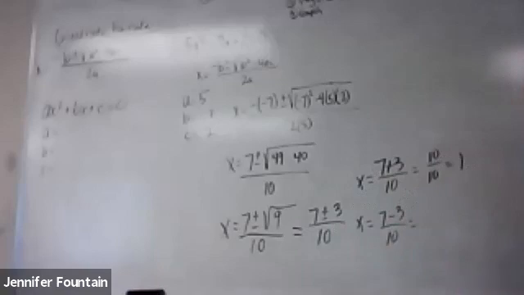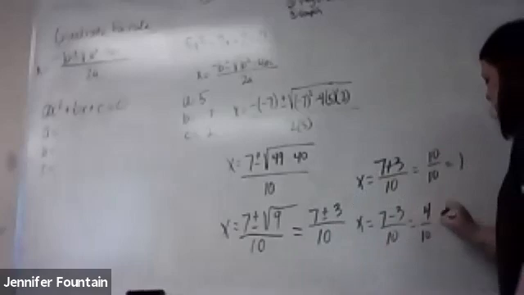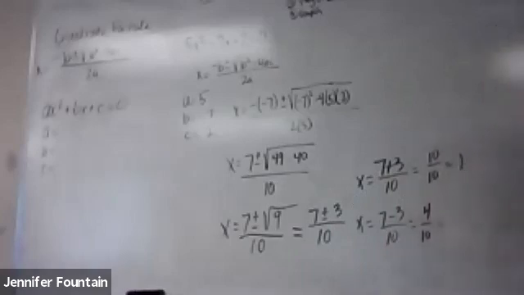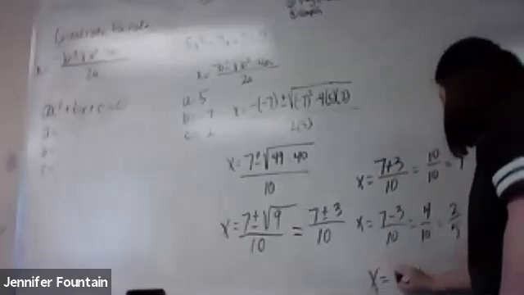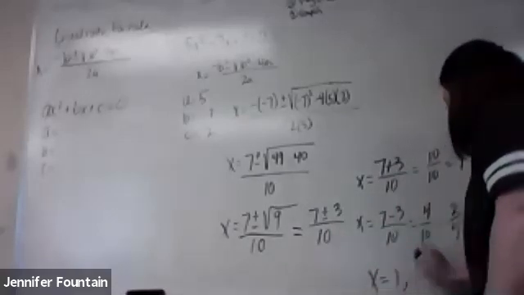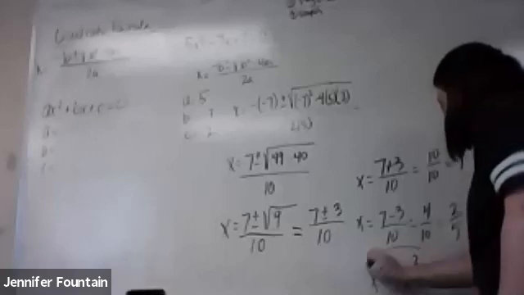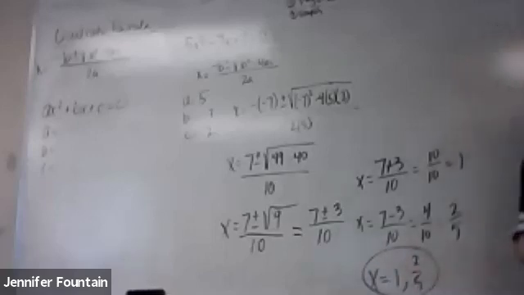We have a real number answer. It's not left as a radical or as a fraction. What is 7 minus 3? 4 over 10, which would reduce to 2 over 5. So in this one, x is equal to 1 or 2 over 5.